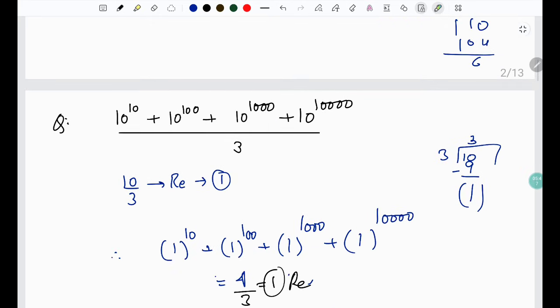Then we have this format where it is often 10 to the power 10, 10 to the power 100, 10 to the power 1000, and 10 to the power 10,000. Similarly, we often get 2 to the power 100 or 1000 divided by 15, and we have to find the remainder in such cases where high powers are given, especially in terms of 100 or multiples of 10.